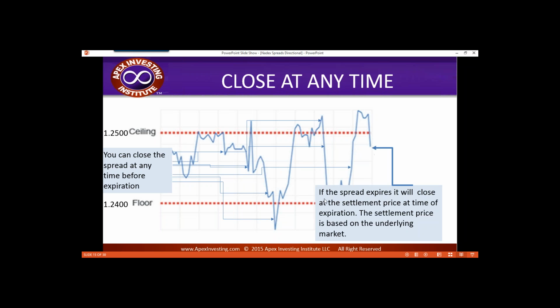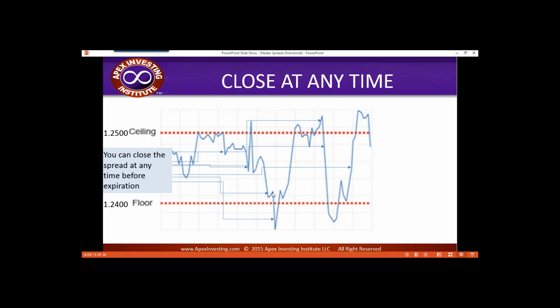But if I don't exit early and I hold it till expiration, all right, if the spread expires, it will close at the settlement price at the time of expiration. The settlement price is based on the underlying market. So for example, let's say that I had bought in right here, and yes, it went all the way up to the ceiling, but then it came all the way down, and it came all the way up, and then it closed right here. Well, if it expired right here, let's just say at 2480, for example.